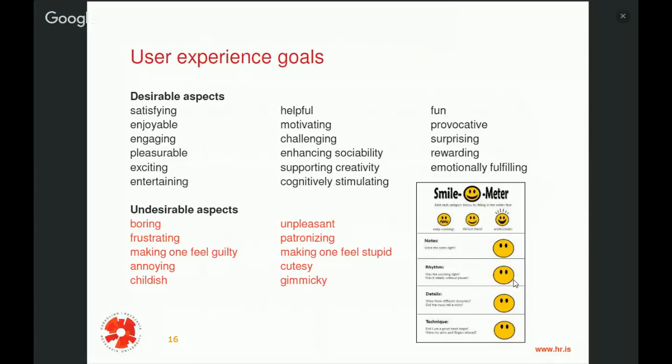So the experience, you could have all these to explain what the user experience is. It could be satisfying, enjoyable, engaging.